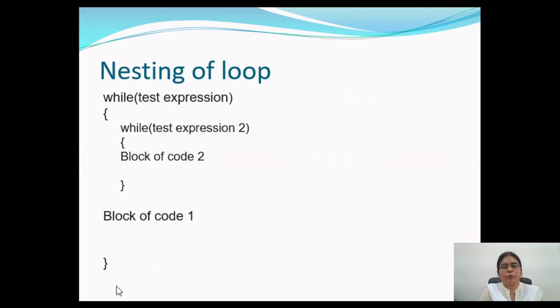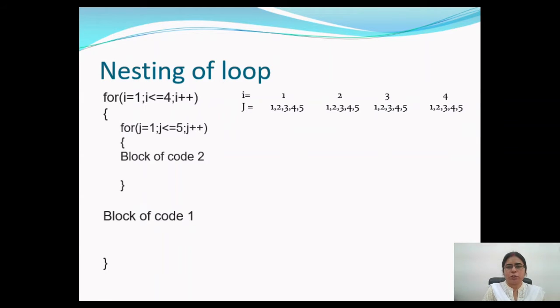So this is the outer while statement and this is the inner while statement. Now how does it work? For every iteration of the outer while statement, the inner while statement will completely execute. It will complete all its iterations for a single iteration of the outer while statement. So let us see the example of a for loop also, and then it will be much clearer.